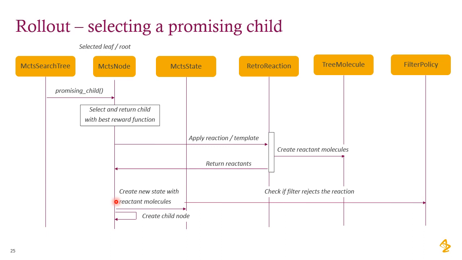Then it will take that state and use that as a state for a newly created child node. So it will create a new Monte Carlo node object that holds this new state with the reactant molecules. And now we have instantiated a child node. It corresponds to the child with the best reward function, and we can return that child to the Monte Carlo search tree.